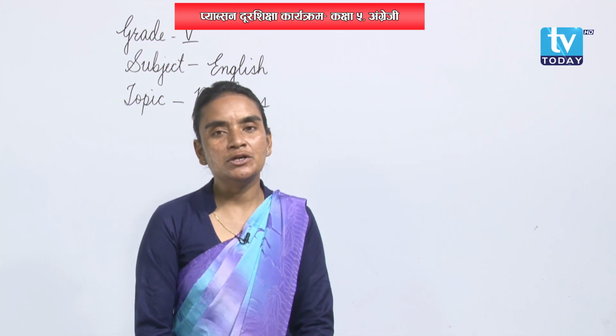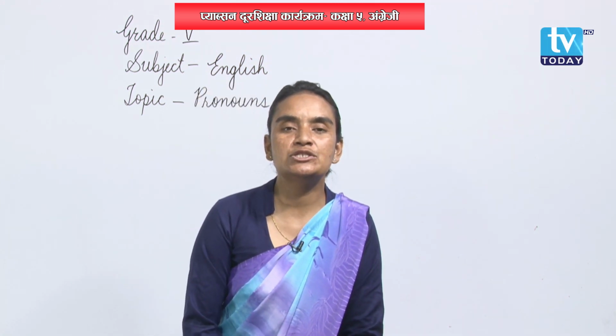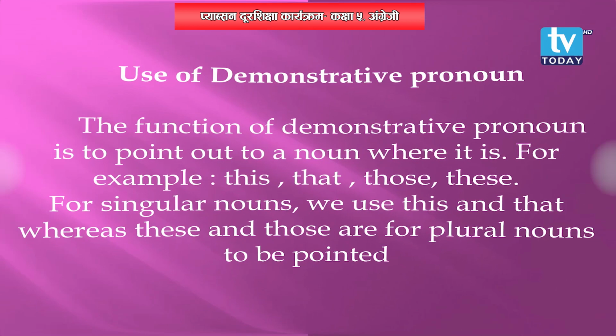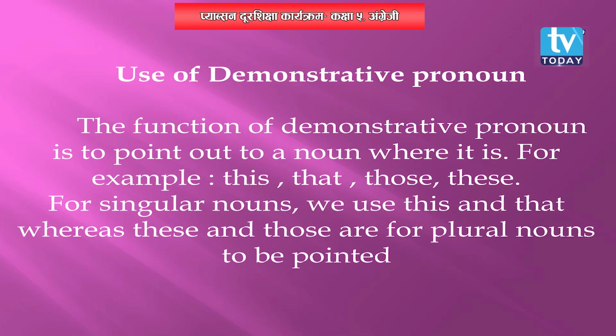Okay, now dear children, we are going to the next type of pronoun. In the next type of pronoun, we basically focus on the demonstrative pronoun. Demonstrative pronoun came from the word demonstration. Remember children, demonstrate means to point out. If I have a microphone here with me, I have attached a microphone to me.